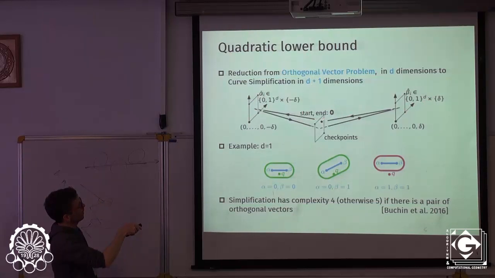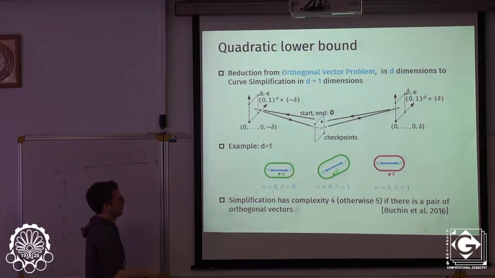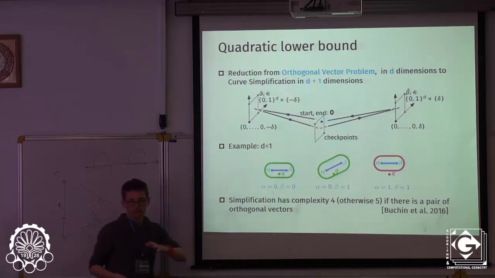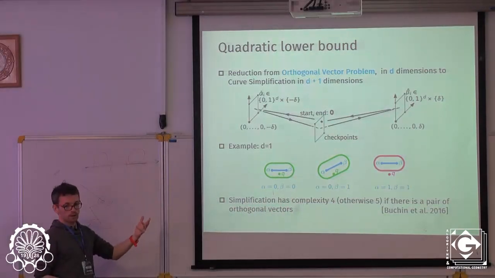And if there is a pair of orthogonal vectors, there will be a simplification where I can go to the corresponding vector here, then pass all of those checkpoints, so immediately have a segment to the corresponding orthogonal vector here, and then go to the end. So by seeing whether there's a simplification with 4 or 5 vertices, I can see whether there's a pair of orthogonal vectors.